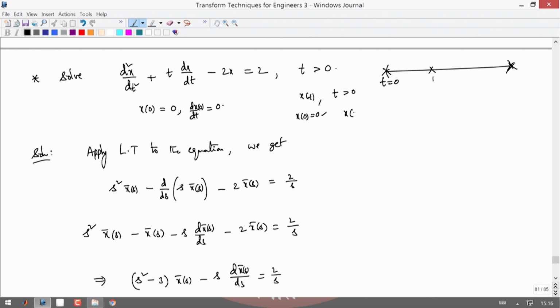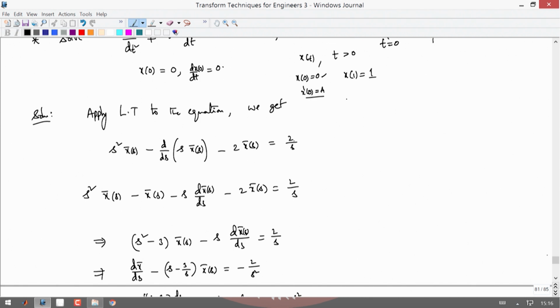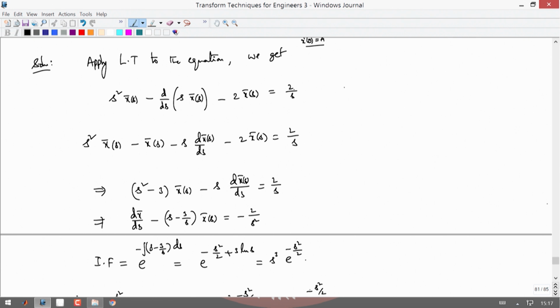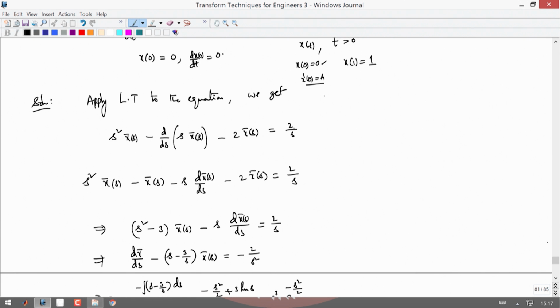Then if x at 1 is given, say let us say 1, still you proceed as though x dash of 0 is some arbitrary constant a which you use. Once you use this, you will see that the differential equation for x bar of s will have this arbitrary constant a, and once you solve this differential equation, you will get an arbitrary constant of integration c. So you get two arbitrary constants, a and c.